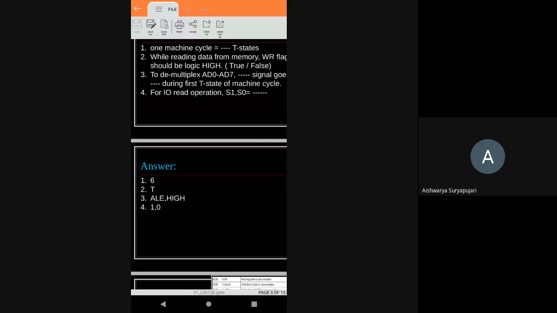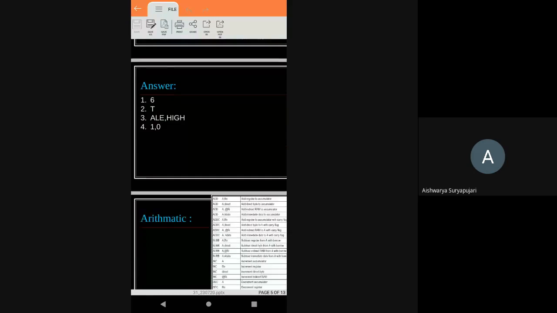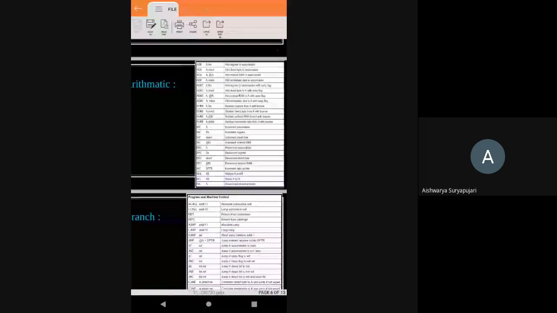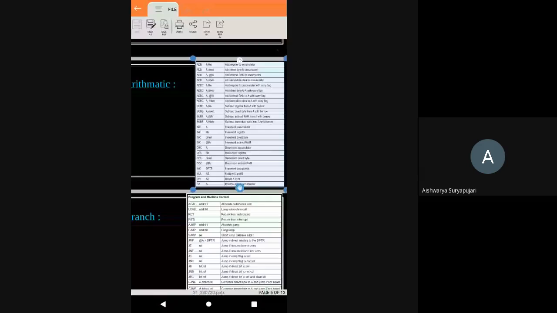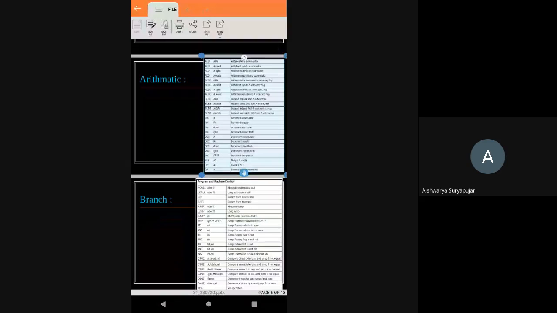Now we will move to the start of the third unit. So first we will go with, if you have gone through the content, today's content.